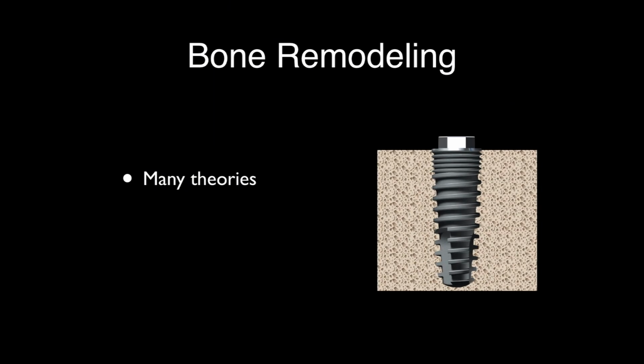One phenomenon that occurs in all implant systems once the implant is exposed to the oral cavity and subject to functional load is bone remodeling. There are many theories explaining the causes of bone remodeling and how to minimize its effects. One universal fact in bone remodeling in all implant systems is that it occurs at the implant platform level.